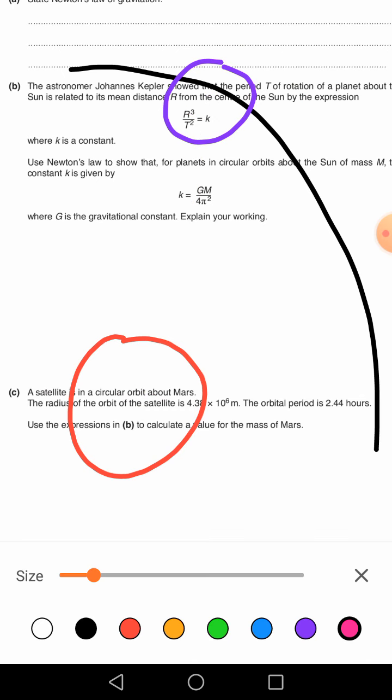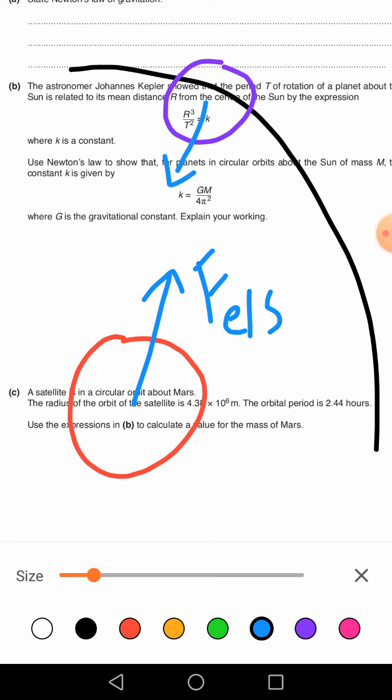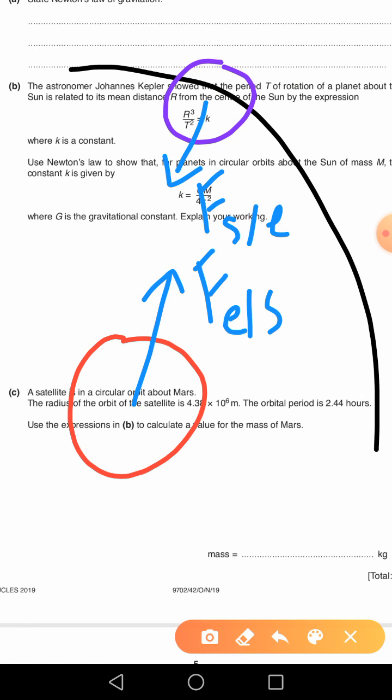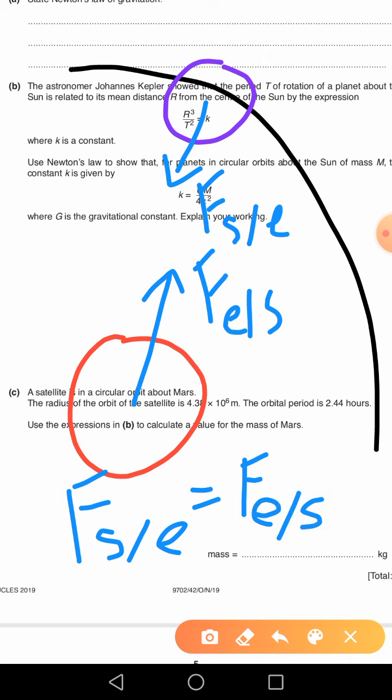So this is the force exerted by the earth on the sun, and this is the force of gravitation exerted by the sun on the earth. And according to Newton's law of gravitation, the force would be equal, isn't it? Which means the force exerted by the sun on the earth must be equal to the force exerted by the earth on the sun. So these two forces would be equal.